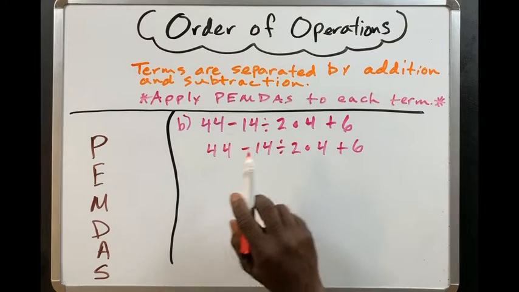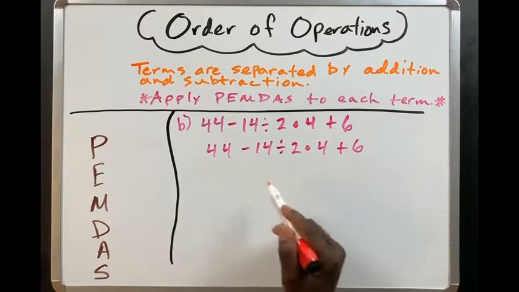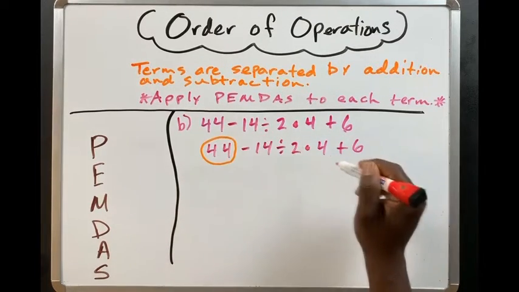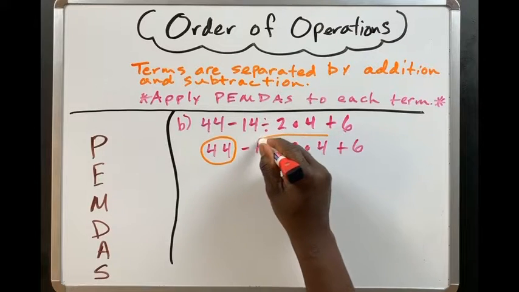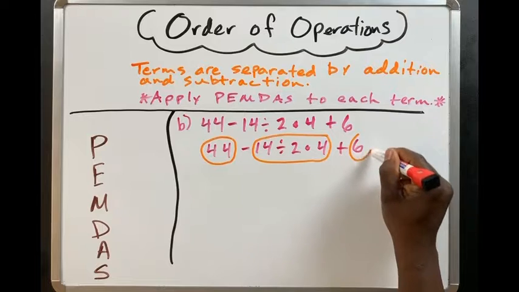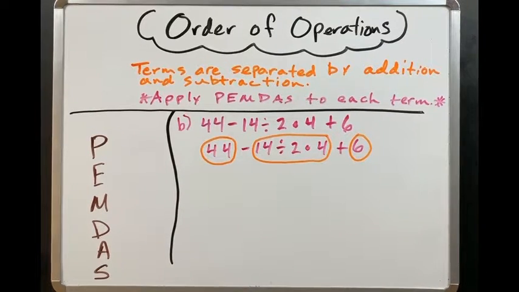Remember, terms are separated by addition and subtraction. So here is subtraction, here is addition. This is a term. This is a term. And this is a term. All right. So we've identified our terms. Now let's apply PEMDAS to each term.